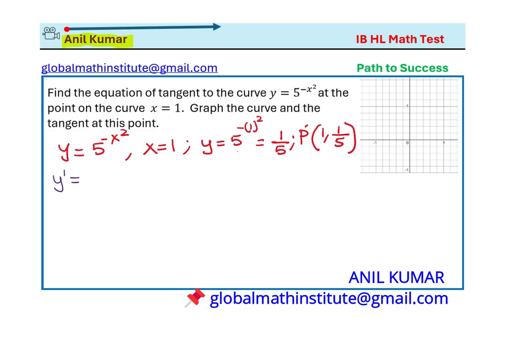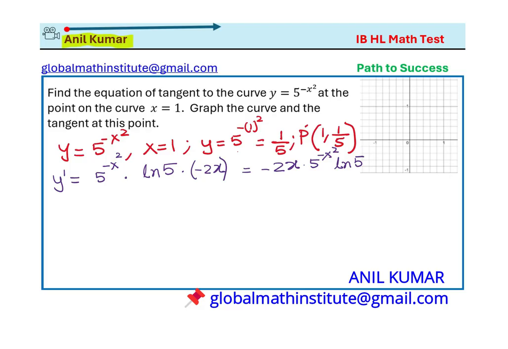So the derivative of this function will be 5 to the power of minus x squared, times ln 5, which is the base, times the derivative of minus x squared, which is minus 2x. Let me rewrite this as minus 2x times 5 to the power of minus x squared times ln 5. Great, so we have the derivative.